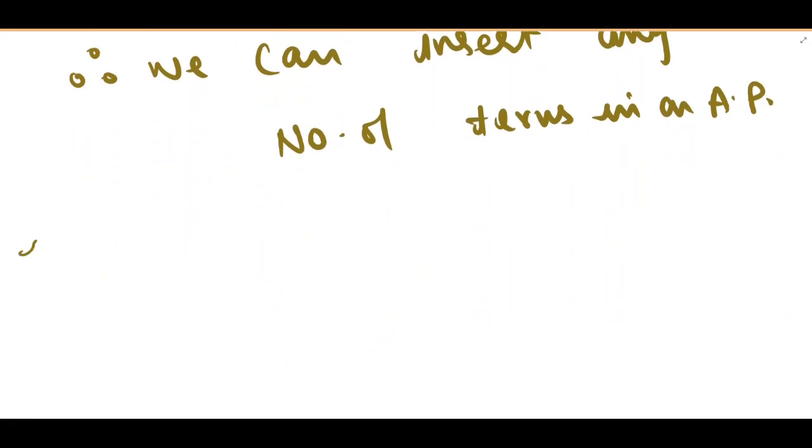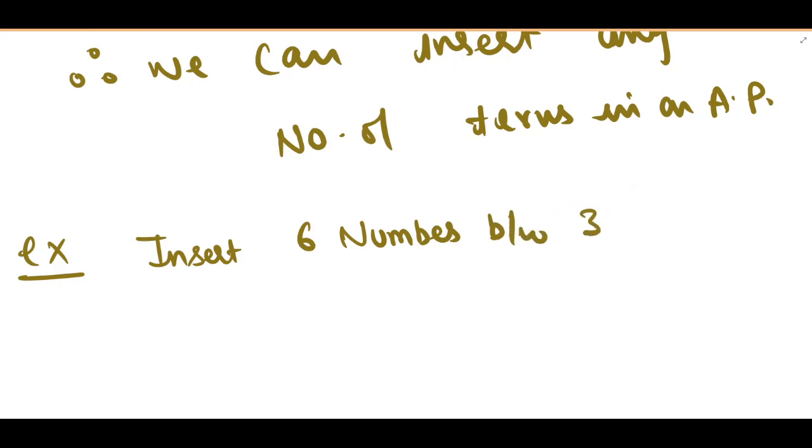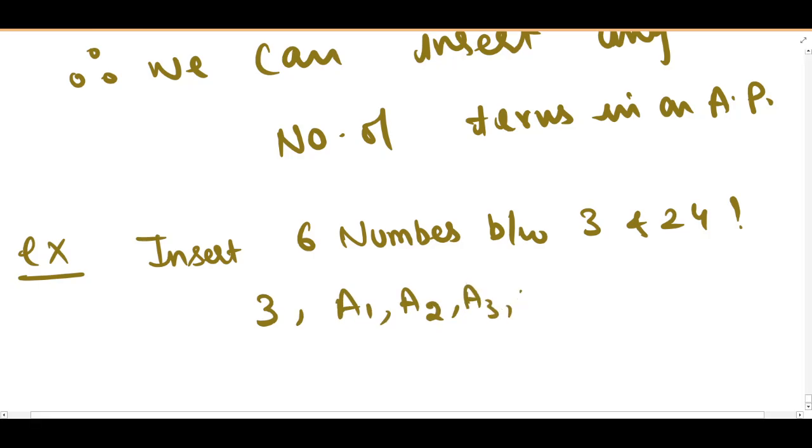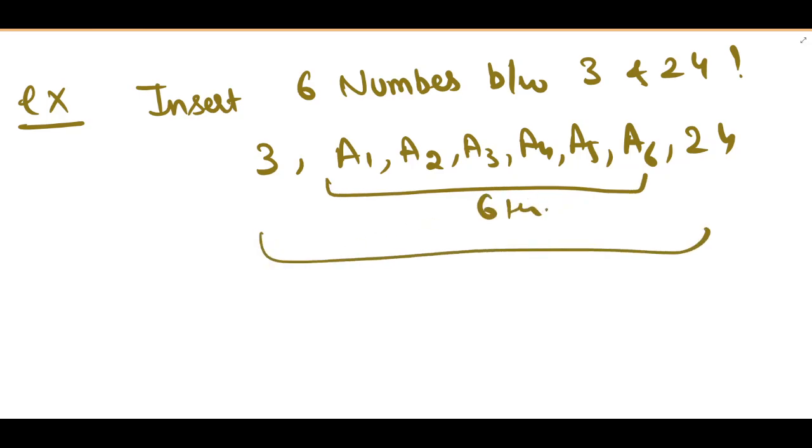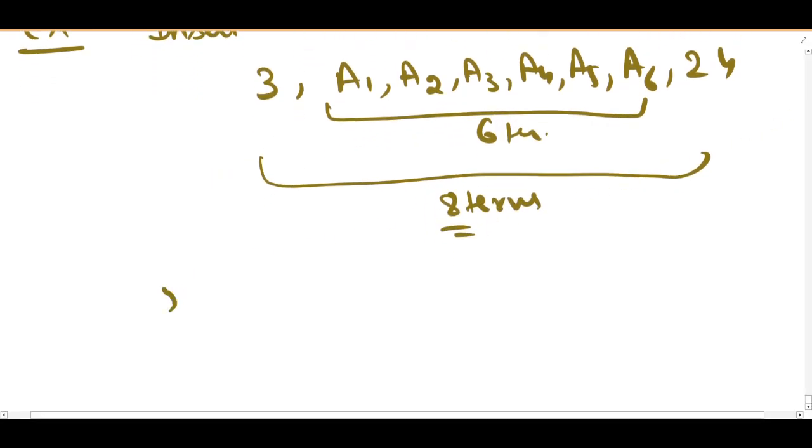For example, if we insert six numbers between 3 and 24, we have 3, then six numbers a1, a2, a3, a4, a5, a6, and 24. So there are a total of 8 terms.